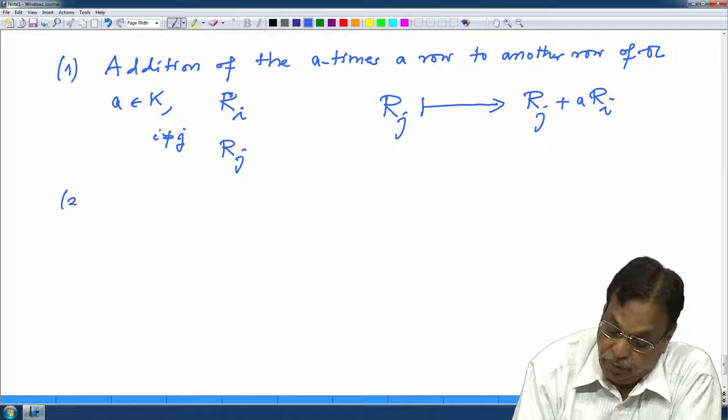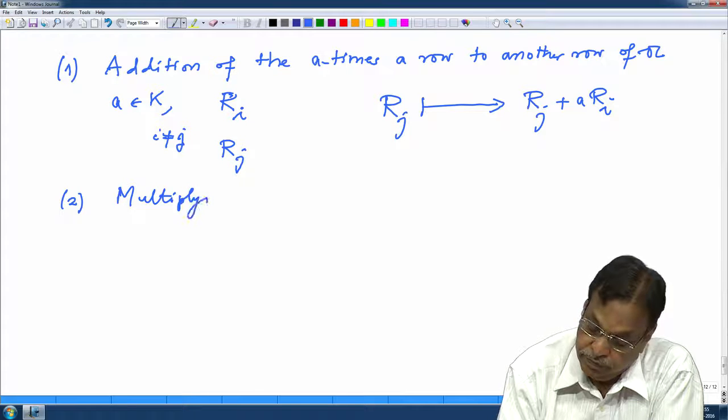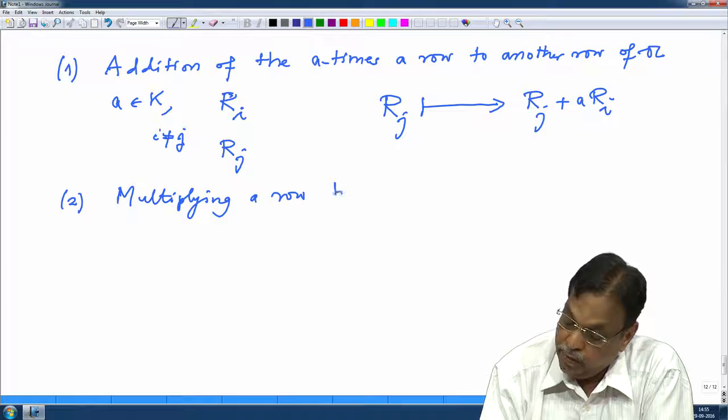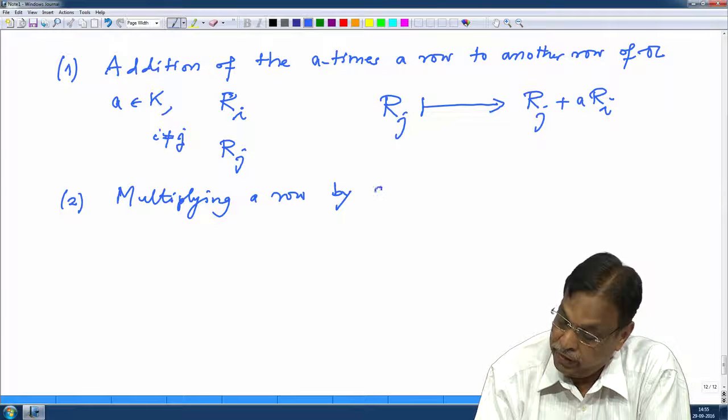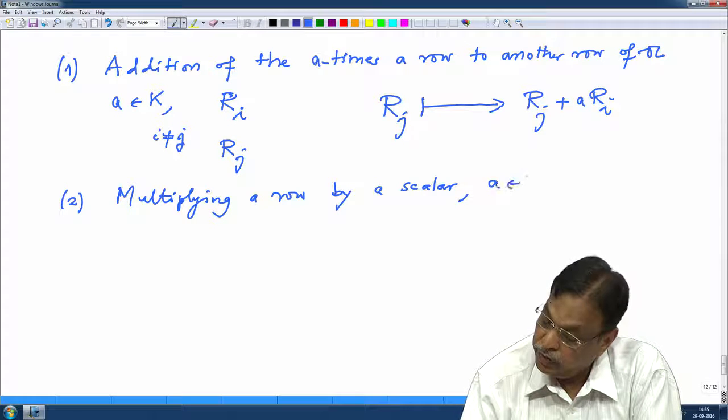The second type of operation is multiplying a row by a non-zero scalar, a in K, a non-zero.